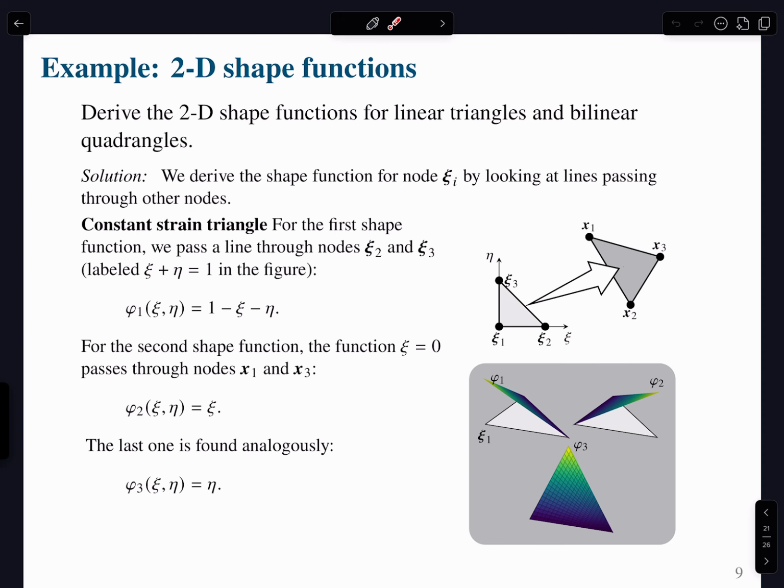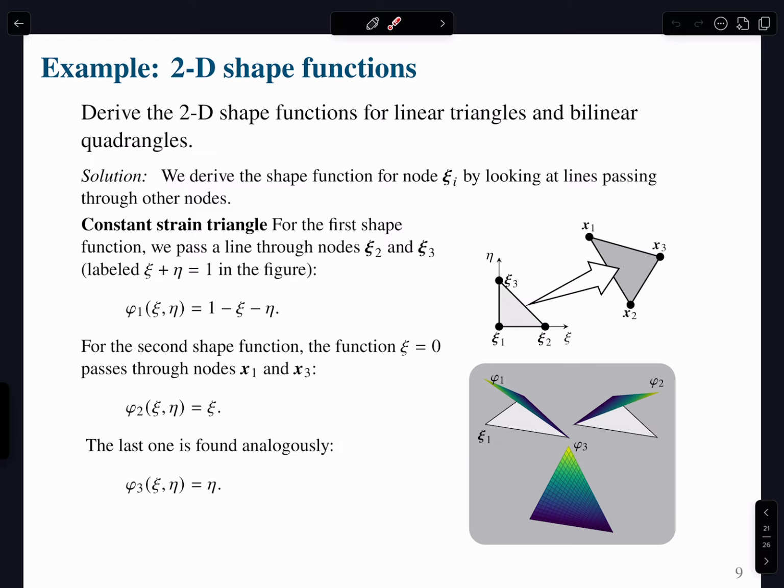So, when you plot these functions, this is the way they look. Of course, they are linear, right? And so that is the reason why this element is the so-called constant strain triangle, right? So what is constant?